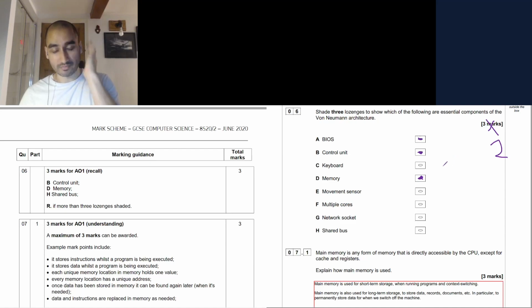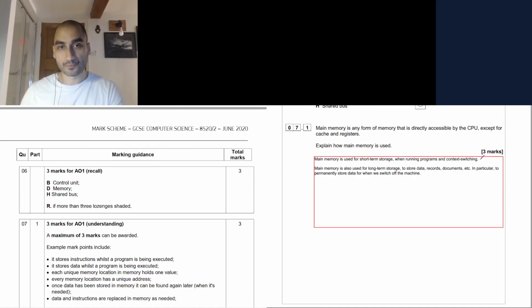Shared bus. I remember back to my electronics days. Shared bus is always there. Control unit of memory. Yeah, BIOS. You don't need a BIOS for it to be a von Neumann computer. We're talking about the most rudimentary form of computer. So, cool.